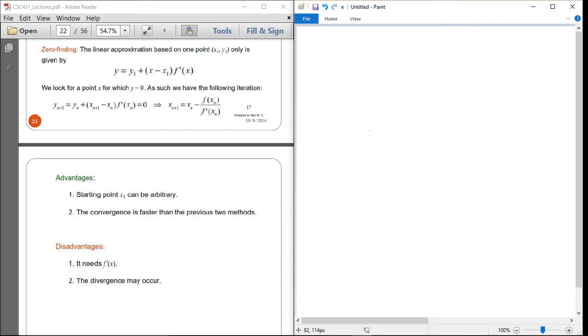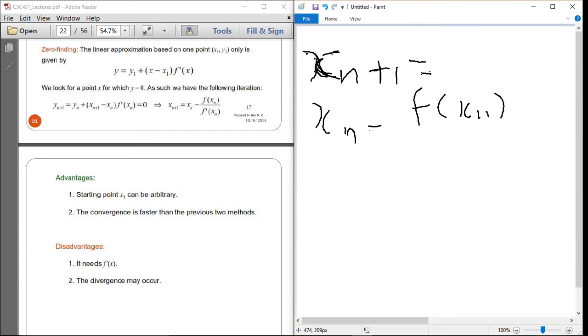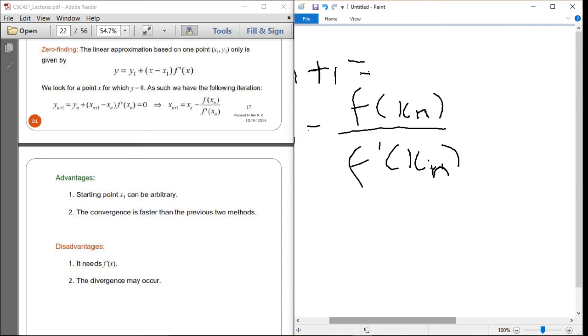But what everything basically implies is the formula that boils down to this: x n plus 1 equals xn minus f of xn over f prime of xn. So now f prime of xn is basically saying find the dy/dx of xn.